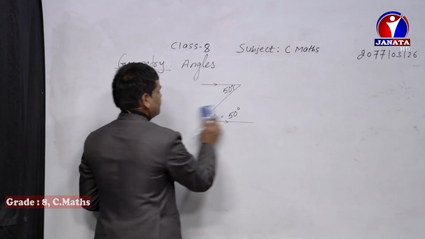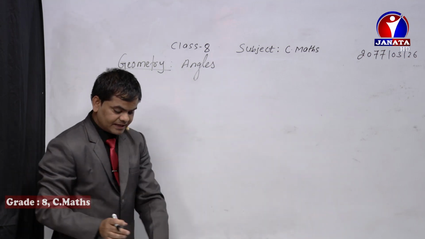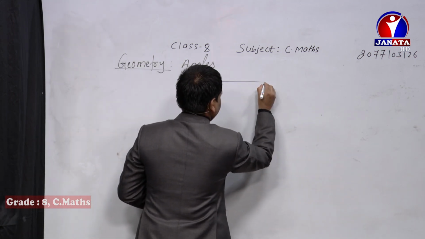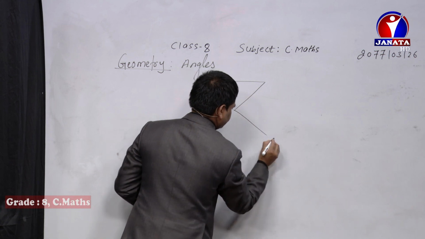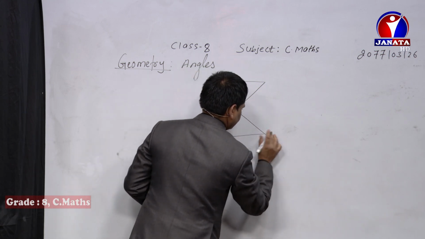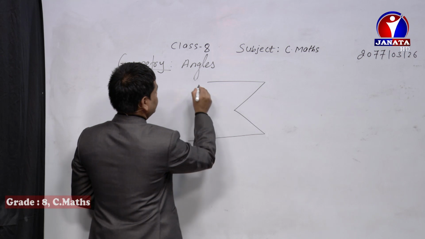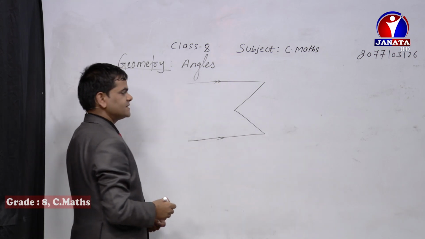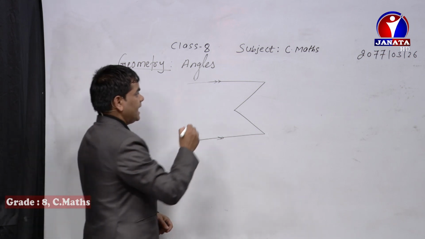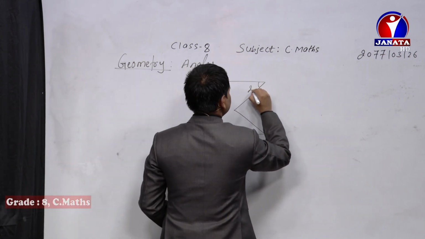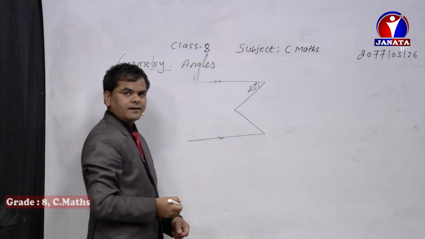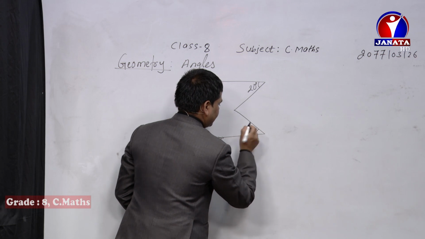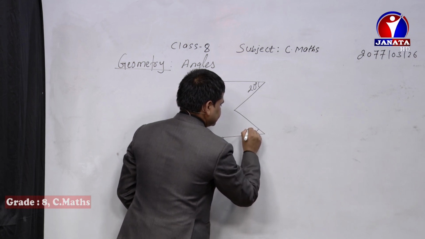Now another one, let's keep a little bit advanced question. For example, these two lines are parallel to each other, and the value in here is 20 degree, and the value contained in this angle we keep as 60 degree.